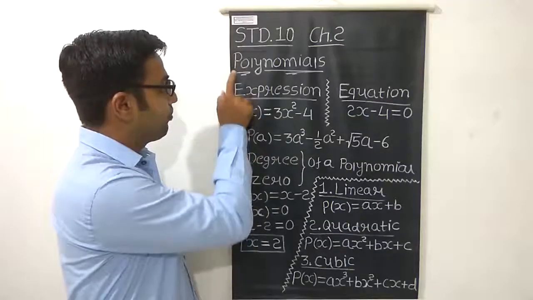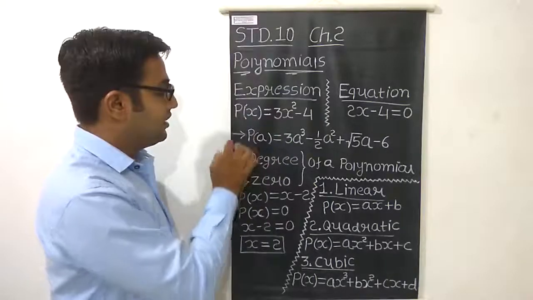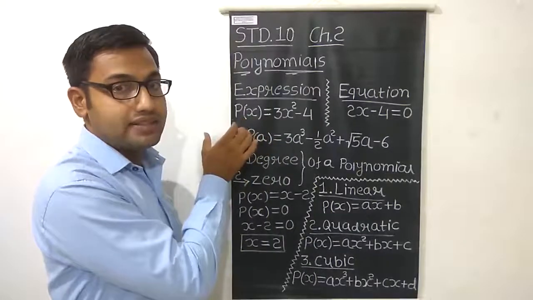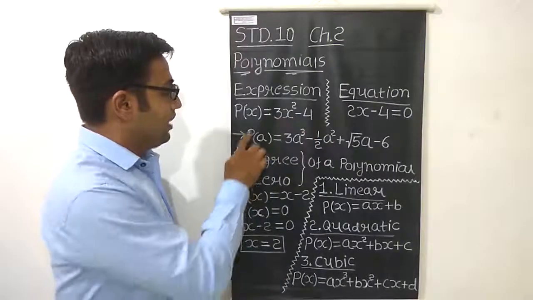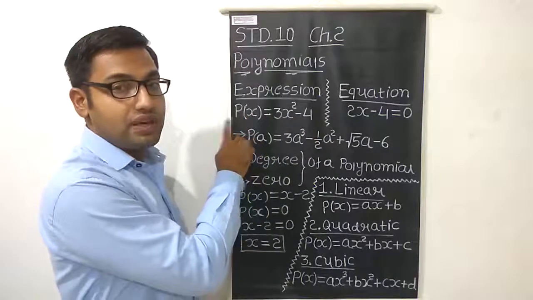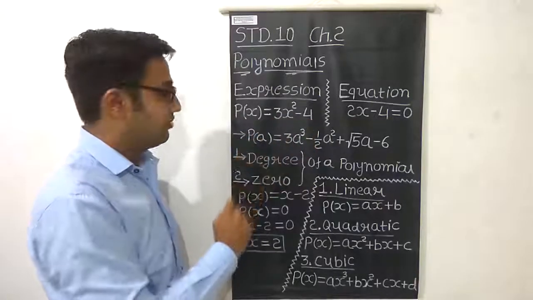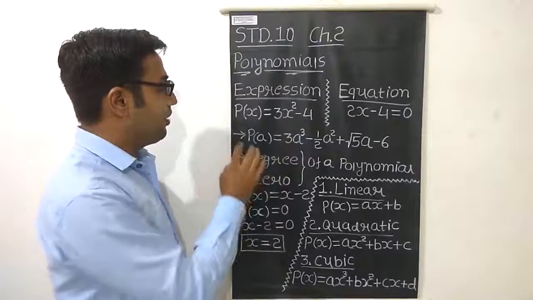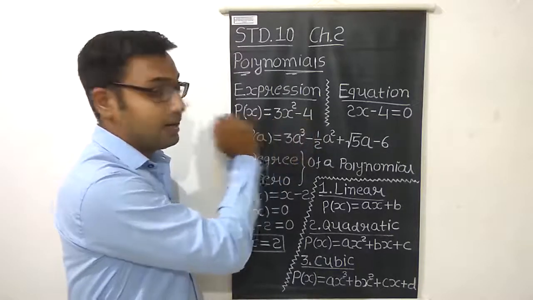P is for polynomial, and as x is a variable, it is written as p of x is equals to 3x square minus 4. As we change the value of variable x, the right hand side value also changes. So for different values of x, we get different values on the right hand side.